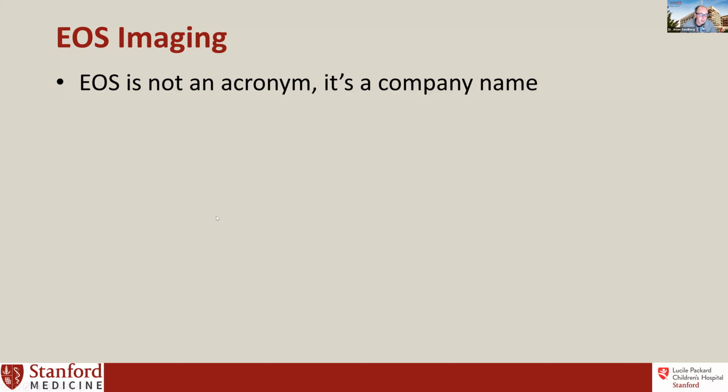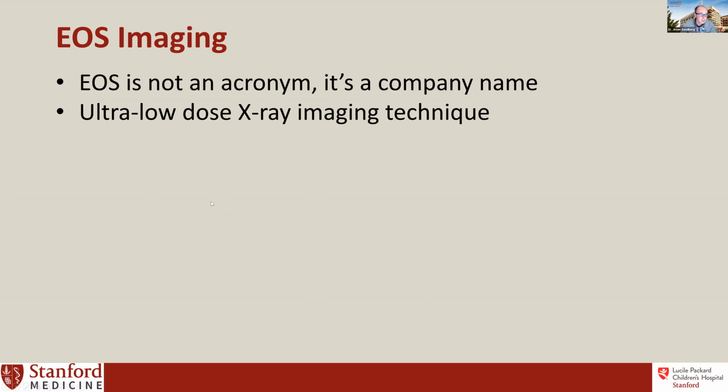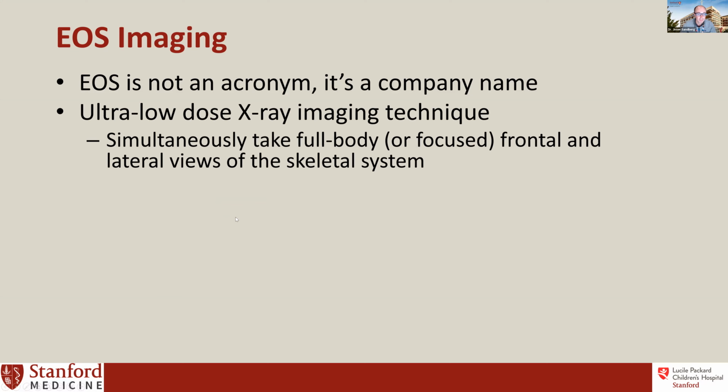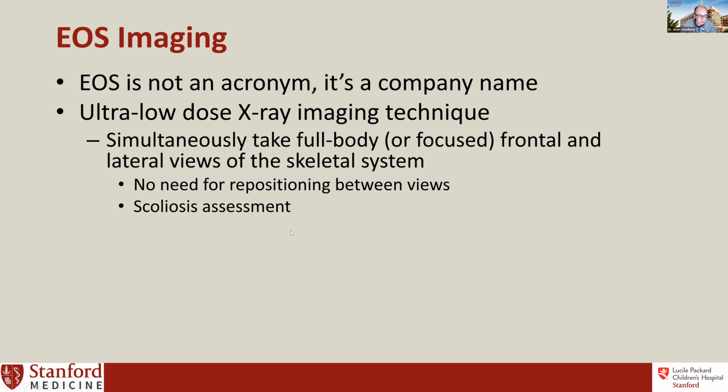Now, EOS, I know in medicine we have a lot of acronyms, but this is actually not an acronym, it's a company name. And this uses an ultra-low dose X-ray imaging technique. It simultaneously takes a full body, or can take a focused frontal and lateral view of the entire skeletal system, actually. So it's pretty cool. No need for repositioning in between views.